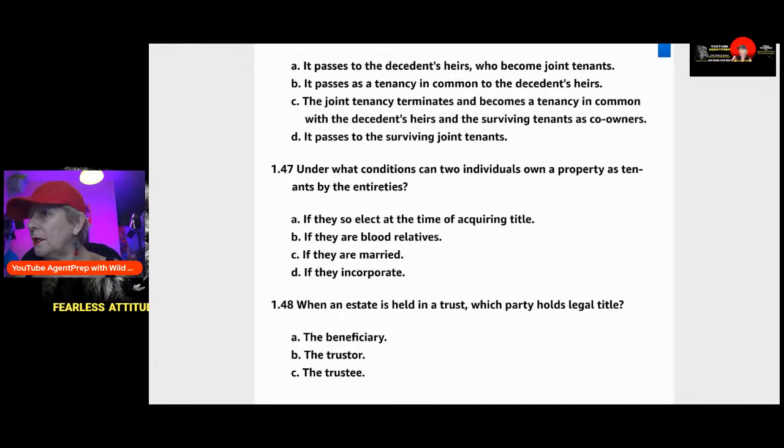So hold on here. I'm trying to type the answers on Facebook. What are the other types of ownership? Can anybody type at least one? So we know tenants by the entirety is one of them. Then there's one of them that is for an individual or an entity. That is severalty, right? You sever from everyone else.